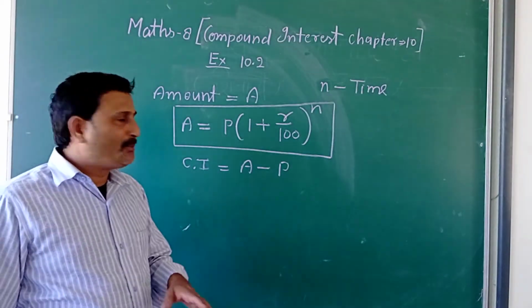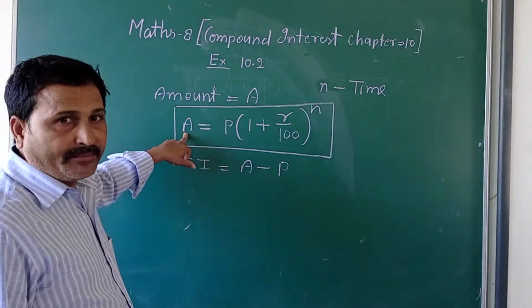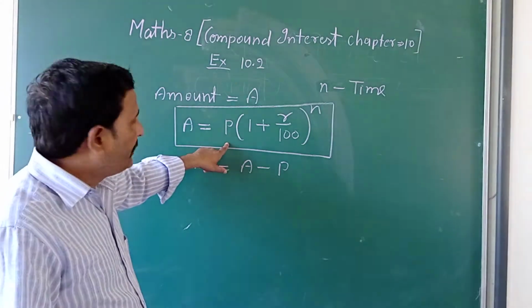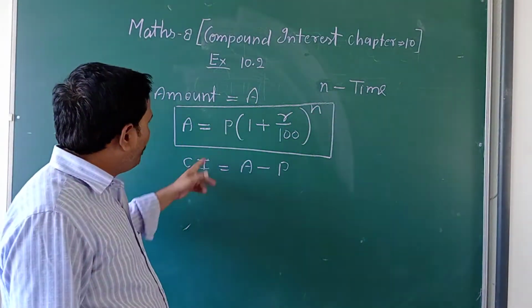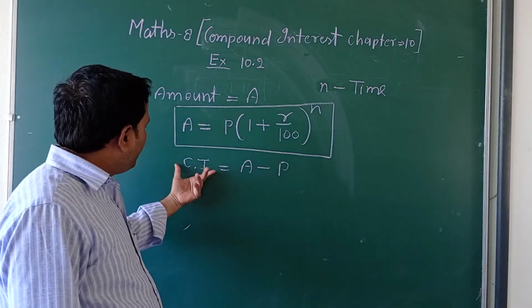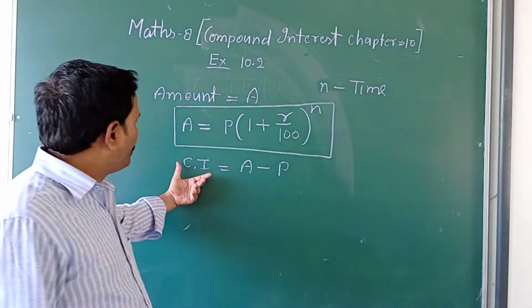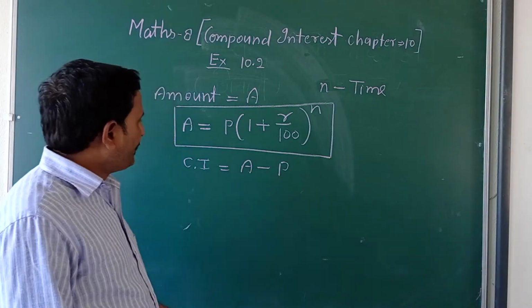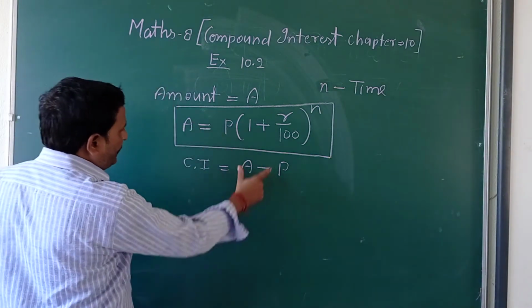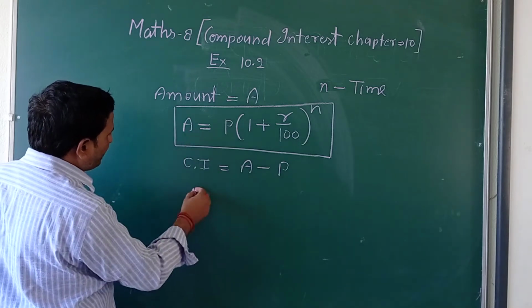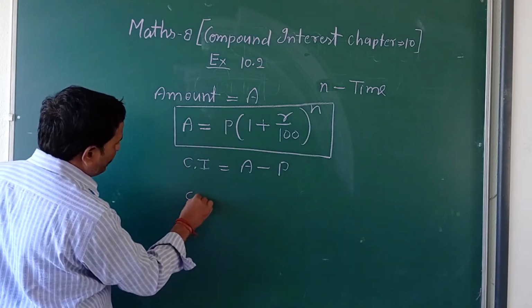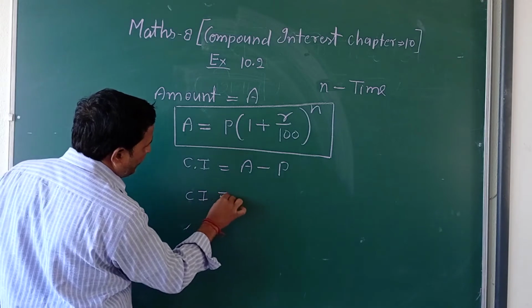For the question, first you calculate amount. Principal is given in the question, rate also given, time also given. Then you calculate amount. Then CI, compound interest, is equal to amount minus principal. Put this value in this, you get another formula, meaning you can directly calculate the CI.